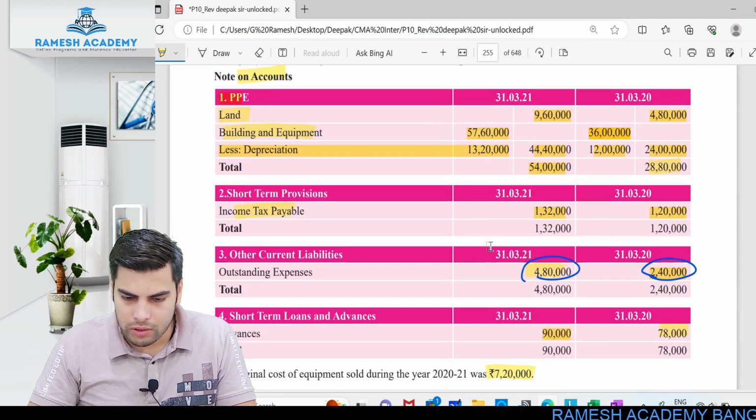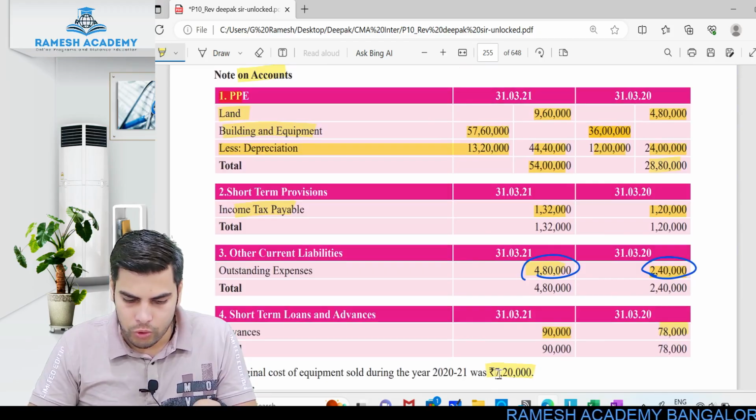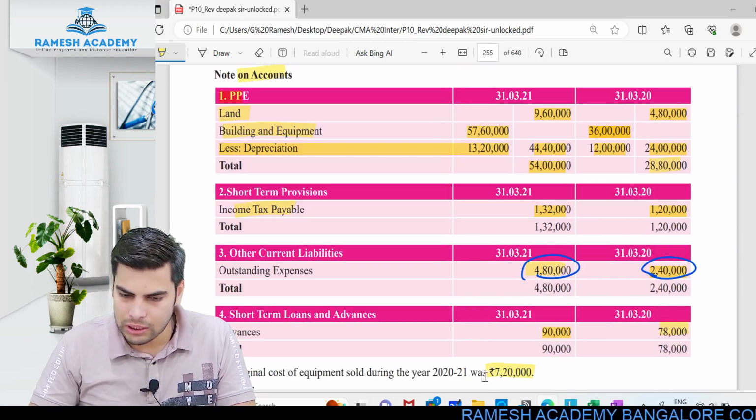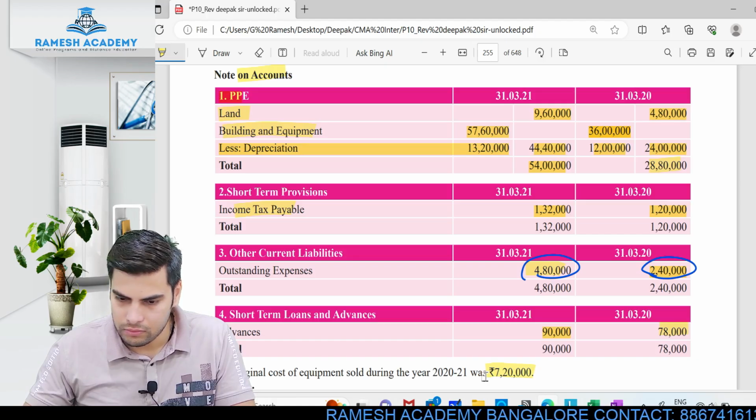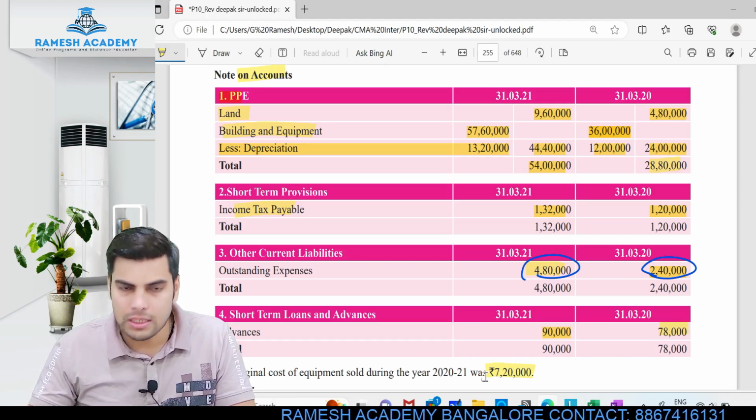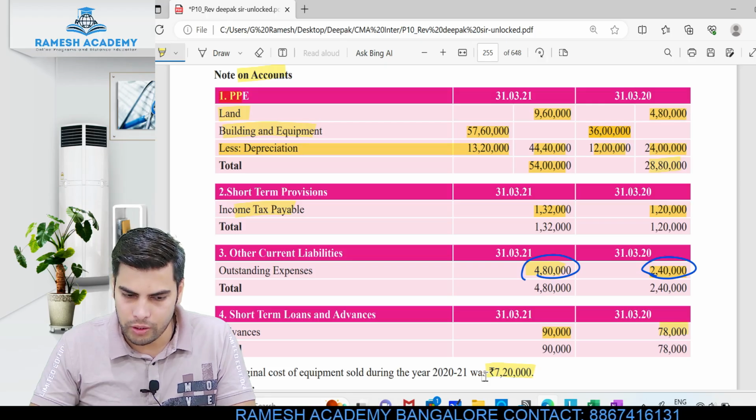What is the original cost of the equipment sold? Equipment sold during the year 2021 was 7,20,000 rupees. This is the original cost of the equipment which is sold.